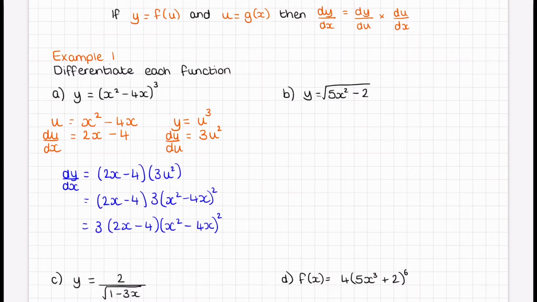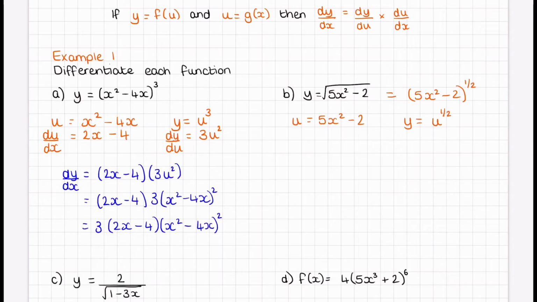Okay, let's have a look at b. The first thing I'm going to do here is rewrite this without the square root, which would be (5x squared minus 2) all to the power of a half. Now, u is the inside part, the bit in the brackets, which is 5x squared minus 2, and y is the outside bit, u to the power of a half.